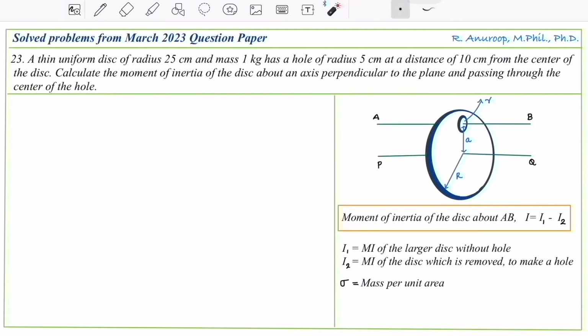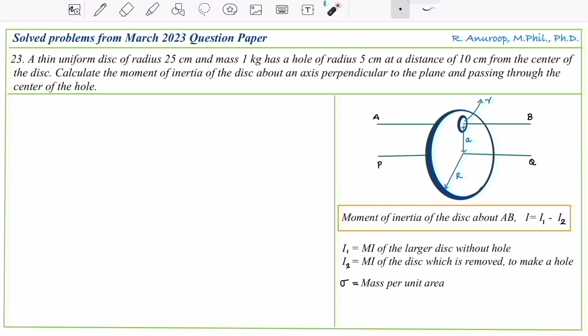The next question is, a thin uniform disc of radius 25 centimeter and mass 1 kilogram has a hole of radius 5 centimeter at a distance of 10 centimeter from the center of the disc. Calculate the moment of inertia of the disc about an axis perpendicular to the plane and passing through the center of the hole.